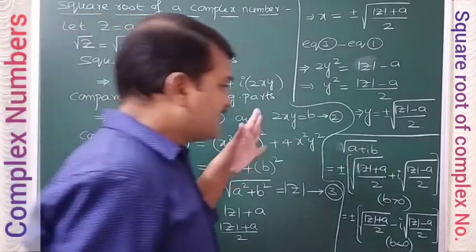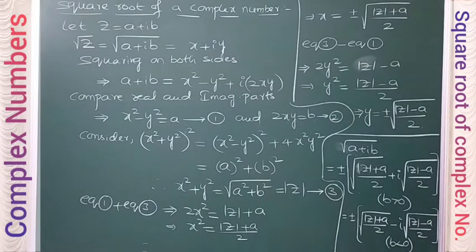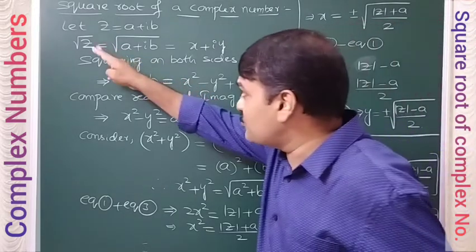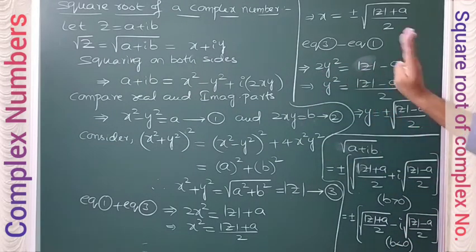If b is negative, take minus in between the terms. If b is positive, take plus in between the terms. So this is the basic formula for finding the square root of a complex number. Just remember this formula. The procedure you can do anyhow, but we can directly apply this formula.